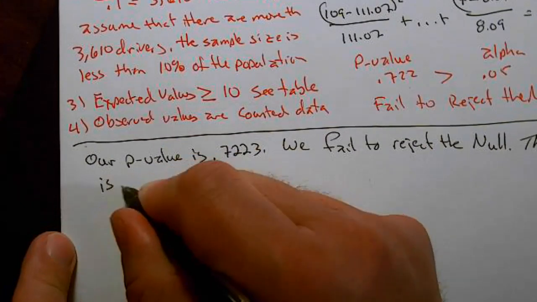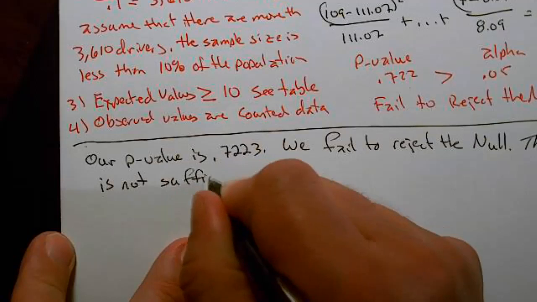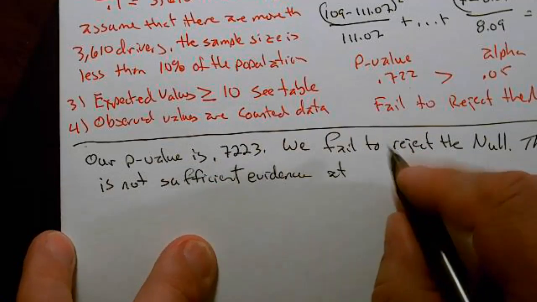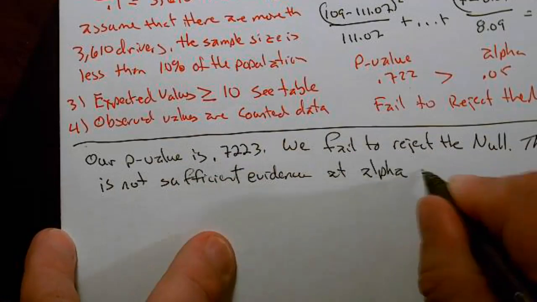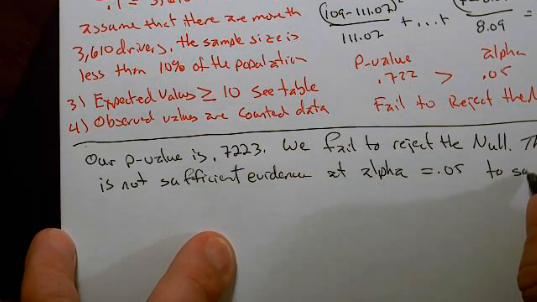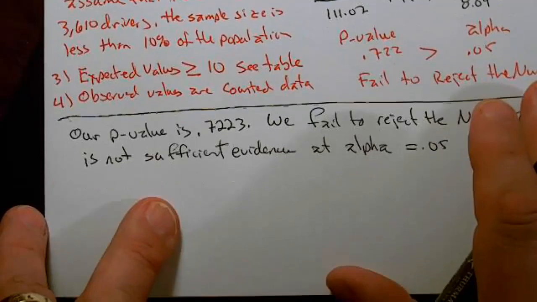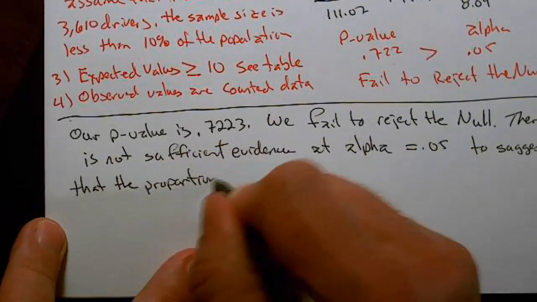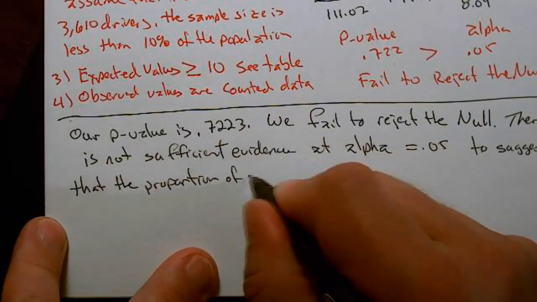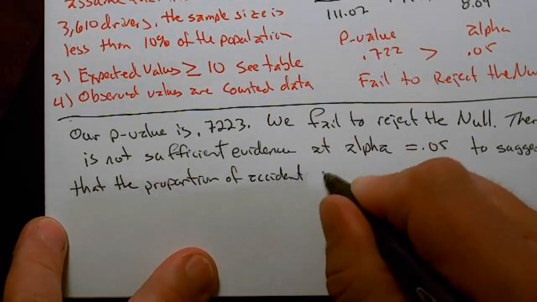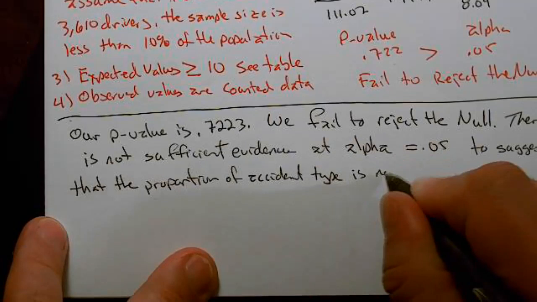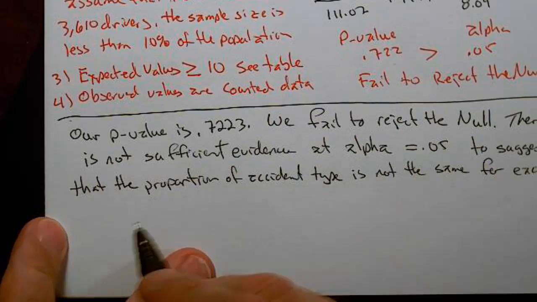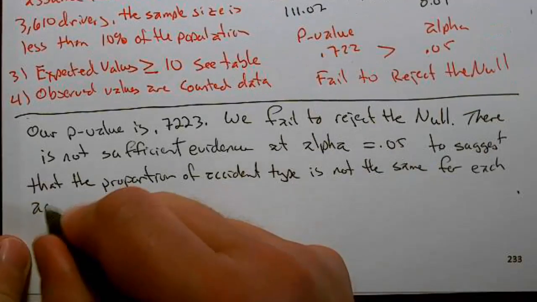There is not sufficient evidence at alpha equal 0.05 to suggest that the proportion of accident type is not the same for each age group.